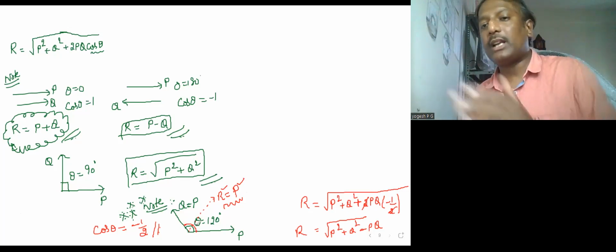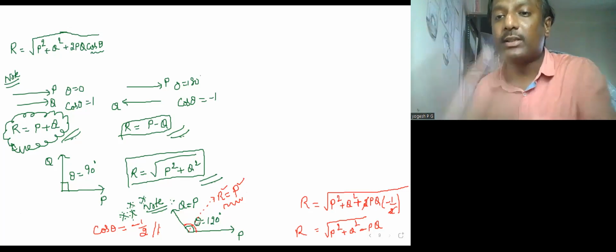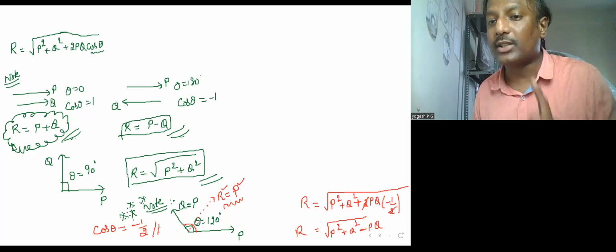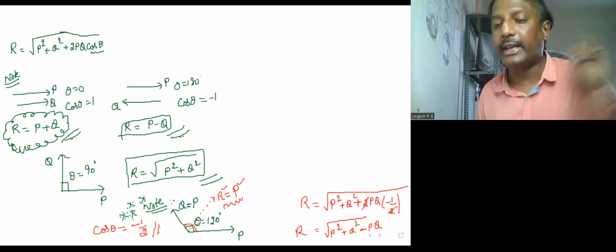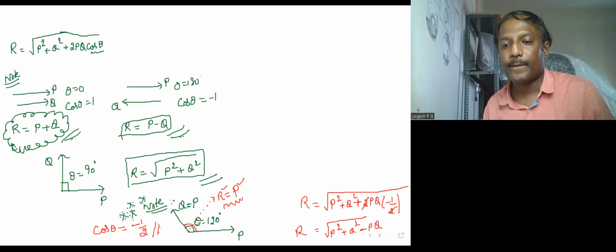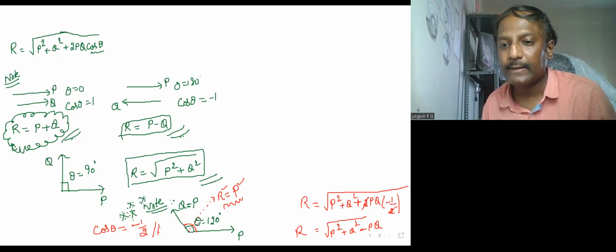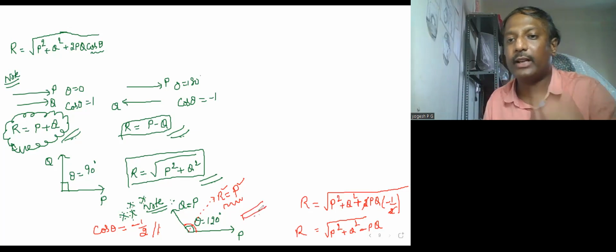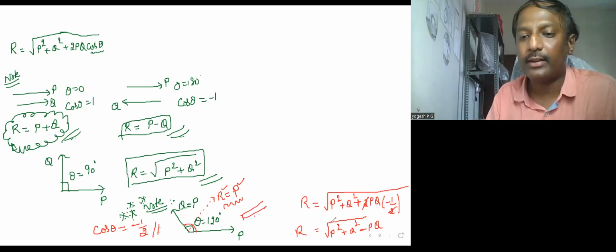If two equal vectors are acting at 120 degrees, the resultant will be the same as the given vector. This is possible only if the equal vectors are acting at 120 degrees. Got it? Okay. These are all important. When we are solving the objective questions, we take all this directly.